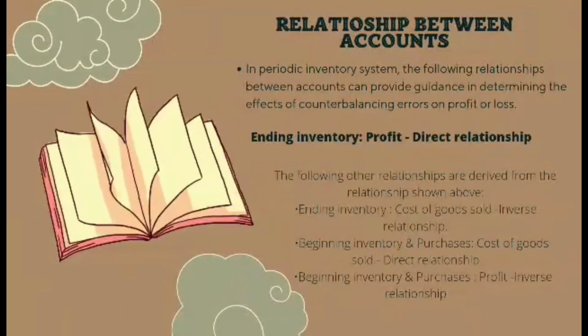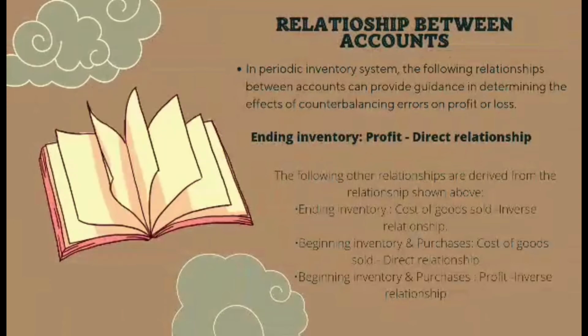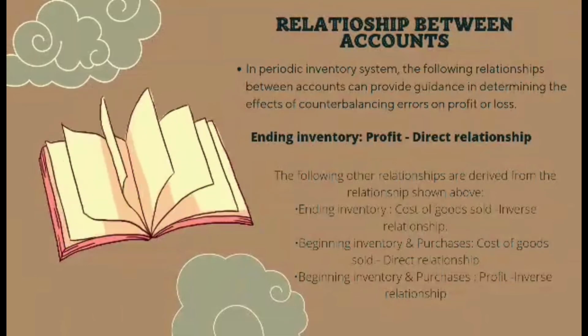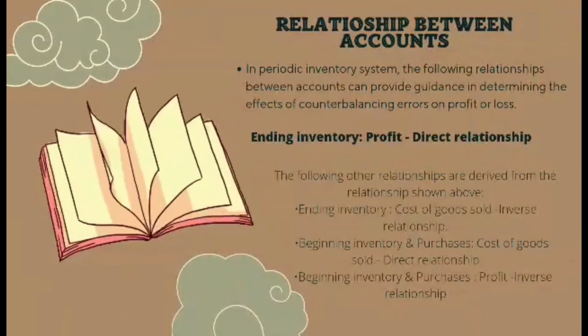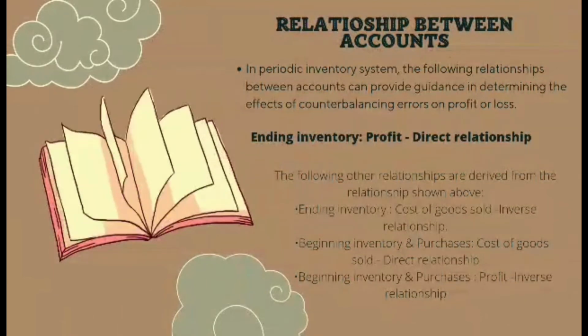The following other relationships are derived from the relationship shown above. Ending inventory, cost of goods sold, inverse relationship. Beginning inventory and purchases, cost of goods sold, direct relationship. Beginning inventory and purchases, profit, inverse relationship.